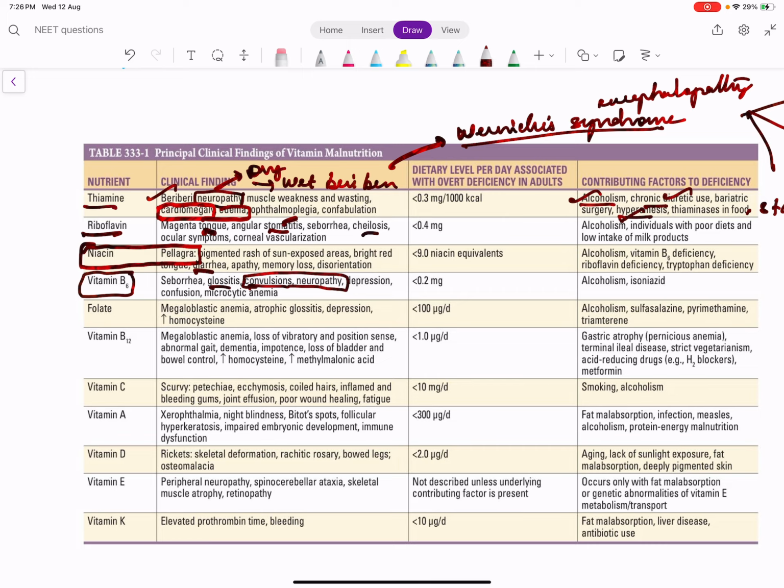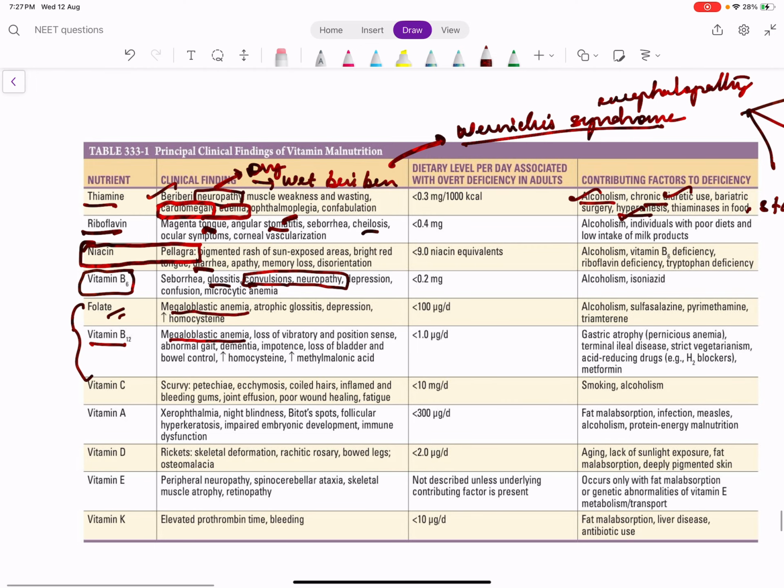Okay. Folate and B12, we told they have a very important role in proliferation of cells. So when folate is deficient, it leads to megaloblastic anemia. When B12 is deficient, it leads to megaloblastic anemia, right? And B12 and folate have a very important role in converting homocysteine to methionine. There are only 2 or 3 important biochemical functions of B12.